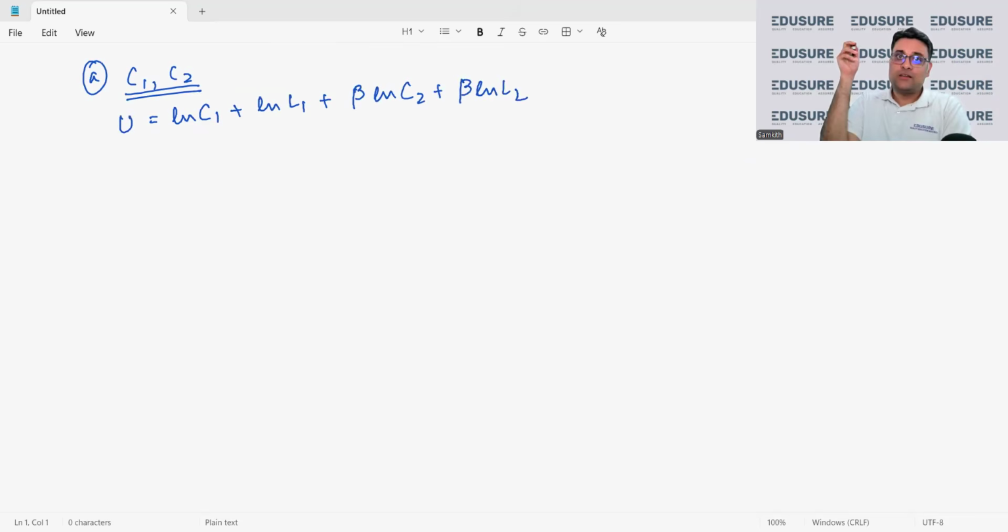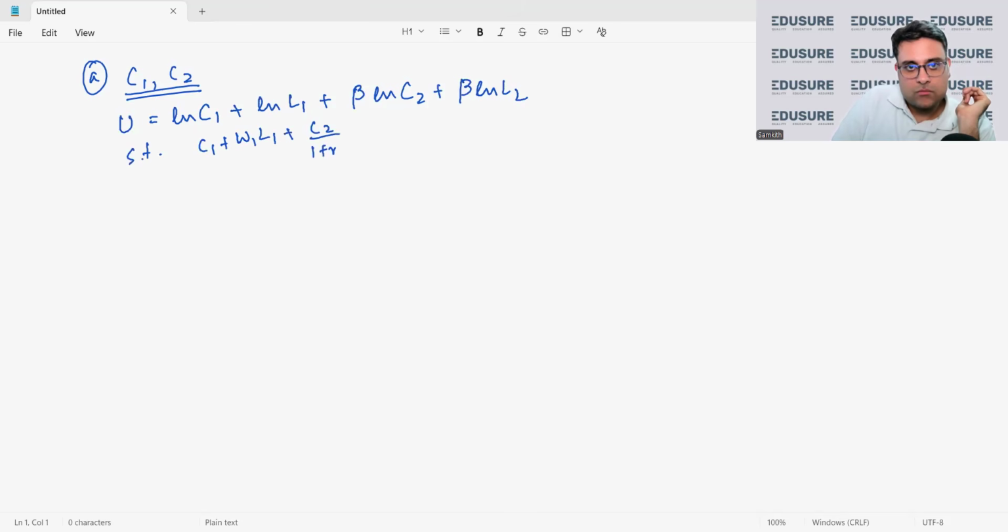This is what my utility function is, right? Basically 1 minus N1, which I'm writing as L1, subject to the constraint C1 plus W1 L1 plus C2 by 1 plus R plus W2 L2 by 1 plus R is equal to omega.